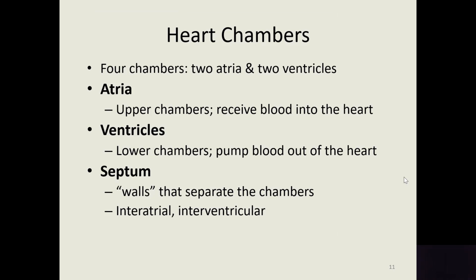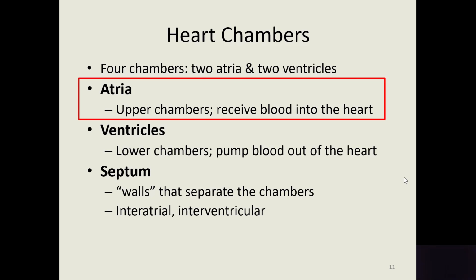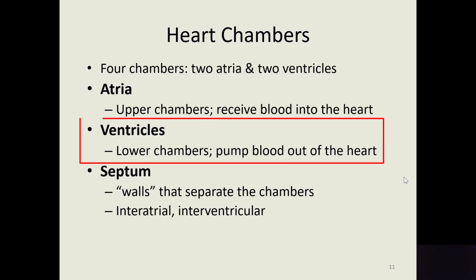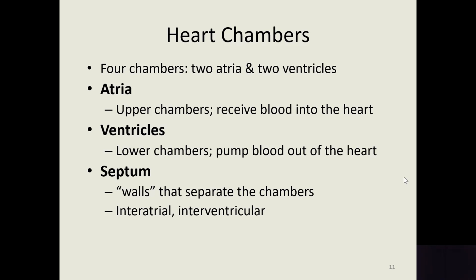So the heart has 4 chambers, 2 atria and 2 ventricles. So the upper chambers are the atria. They receive blood into the heart. So the atria are the receiving chambers. The ventricles are the lower chambers, and they pump blood out of the heart.